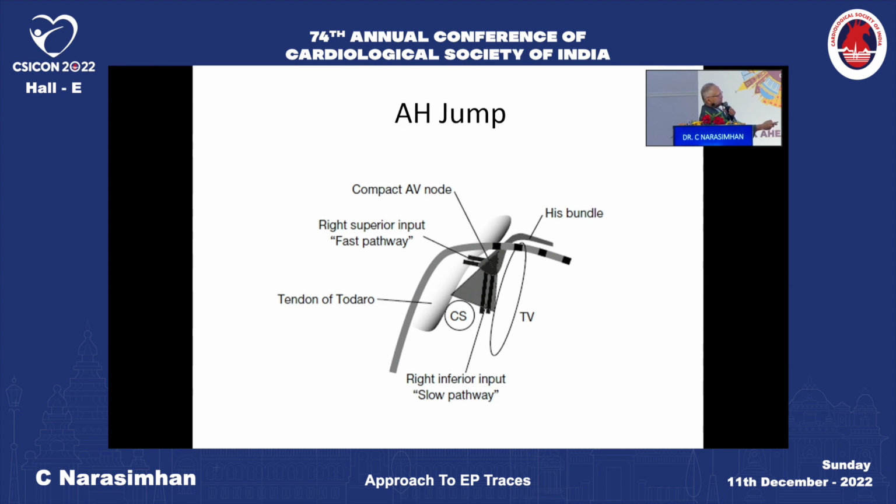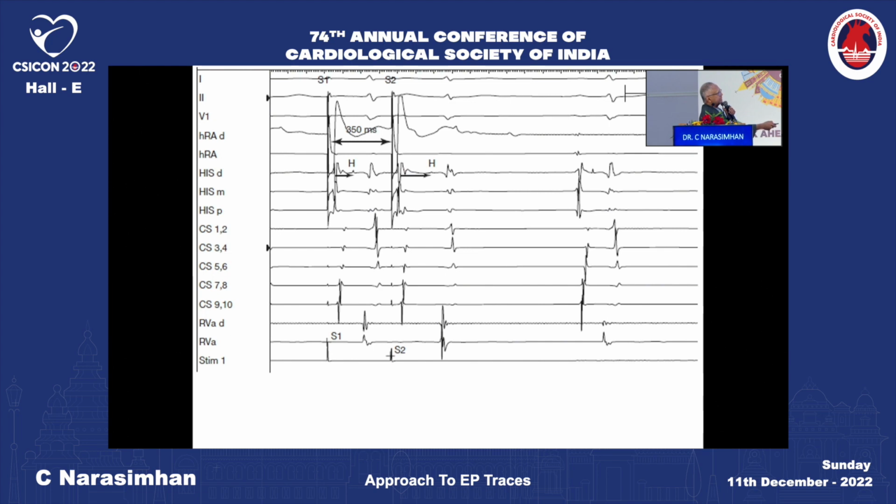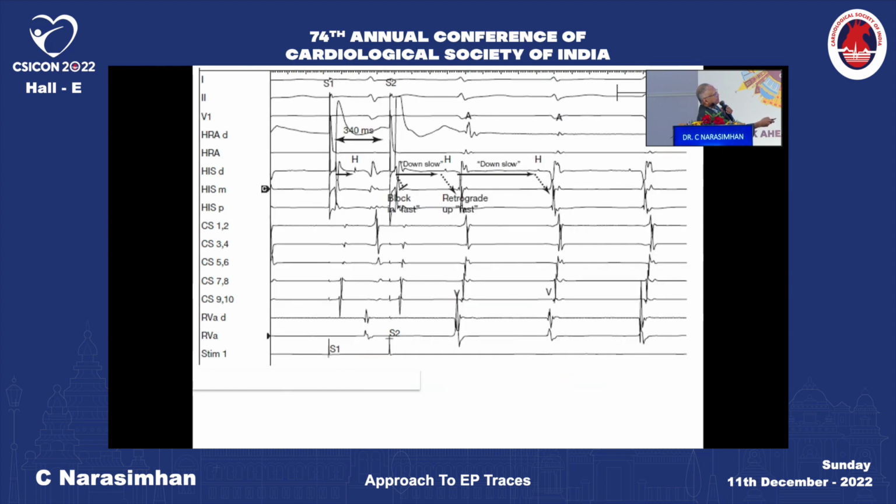pathway. Now, how do you understand this is when you start bringing in extra stimuli. For example, at a coupling interval of 350 millisecond, you find A, His and V. And then I just shorten this by another 10 millisecond, you find there is a significant jump in the AH interval.